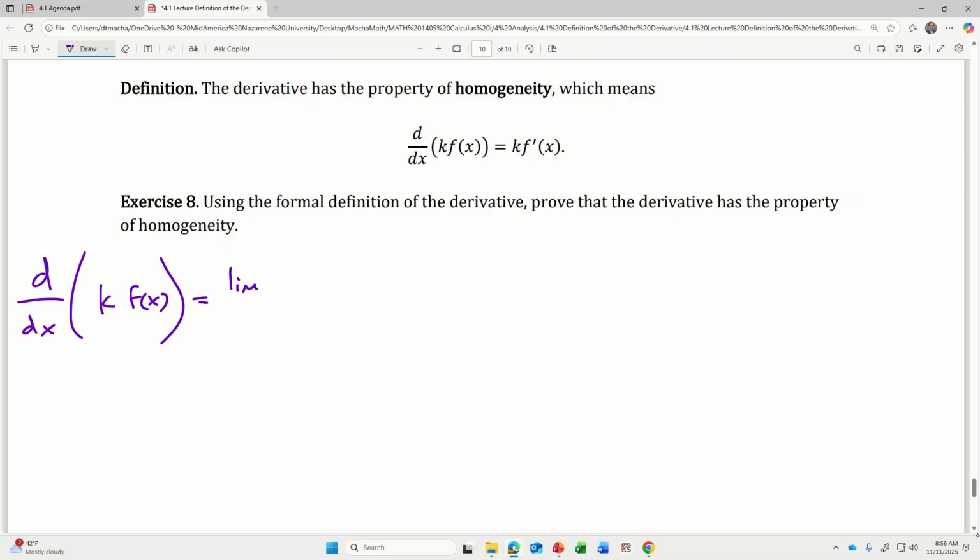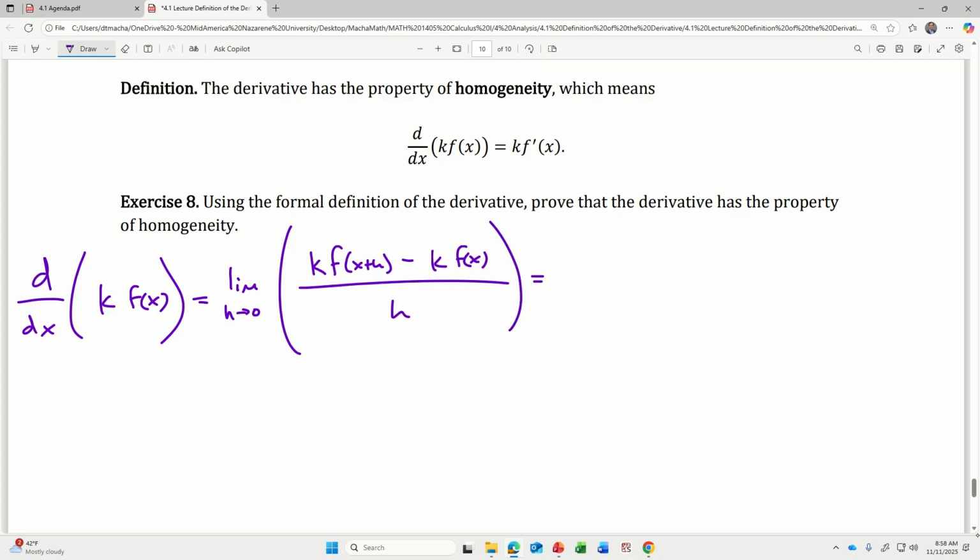Well, this would be the limit as h approaches 0 of k times f of x plus h minus k f of x, divided by h, which is like k times f of x plus h minus f of x over h.